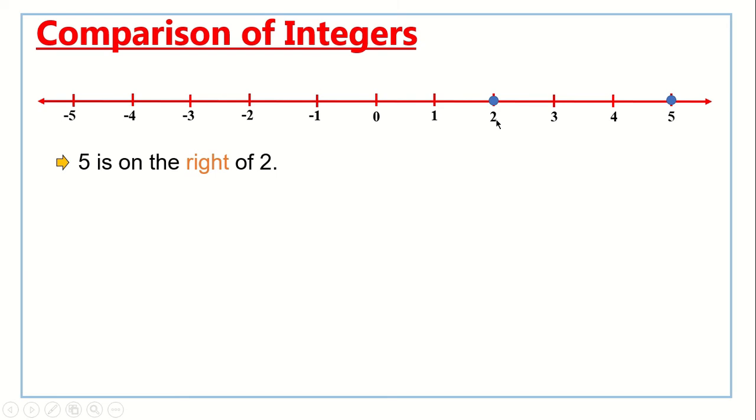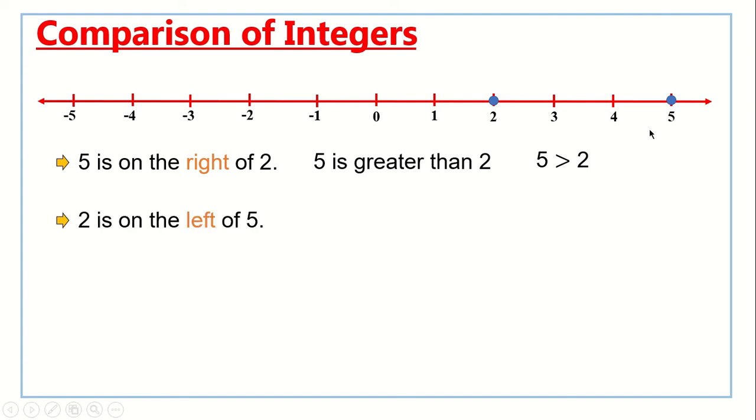This implies that 5 is greater than 2. Or in other words, 5 is bigger than 2. Or 5 is more than 2. We can write that using the sign as 5 is greater than 2.